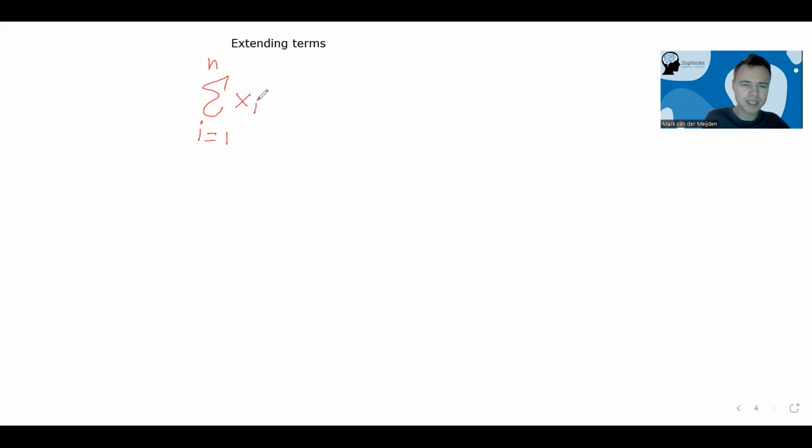And here you have some expression. And you can add another summation, but this summation needs to start one step ahead of where the previous one ended. So this one ended at n, then this one starts at n plus 1. So if you have a 3 here, you will have a 4 here. And then here you will have some big number, n plus m.